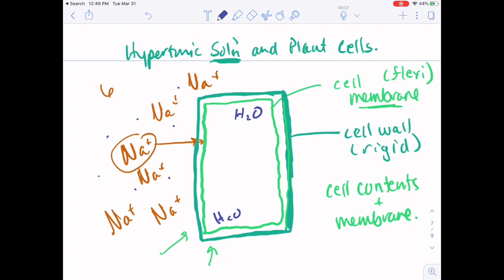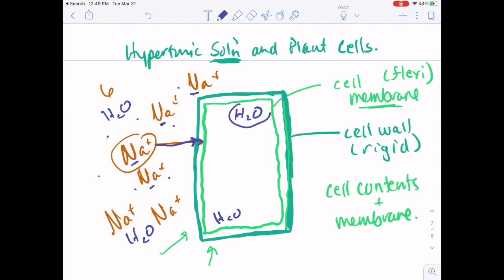Plant cells have water. And there's probably some water out here too in the environment. But if you place a plant cell in a hypertonic solution where there's more sodium ions outside the cell than inside, these sodium ions want to move in, and the cell membrane says, nope. Do not pass go, do not collect $200.